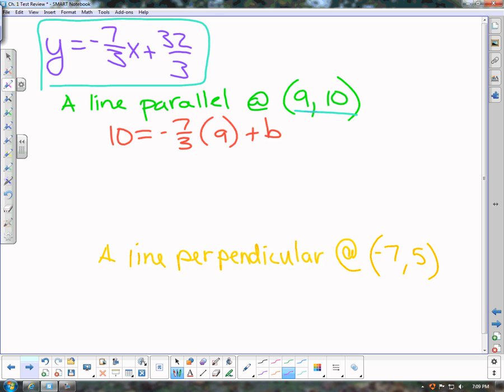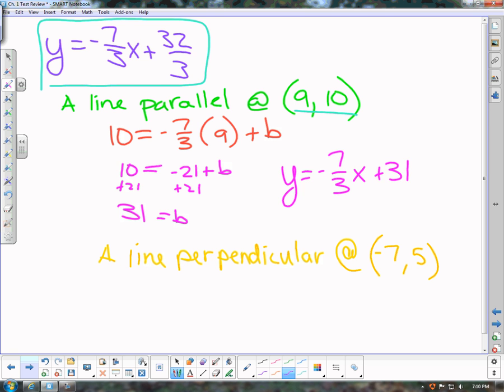Taking negative 7/3 times 9, you would get negative 21 plus b equals 10. Add 21 to both sides, and b is going to equal 31. And so now we have y equals negative 7/3 x plus 31.